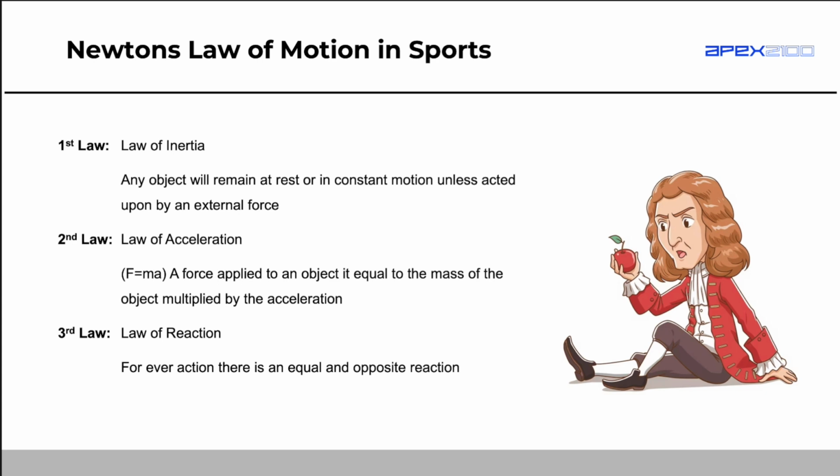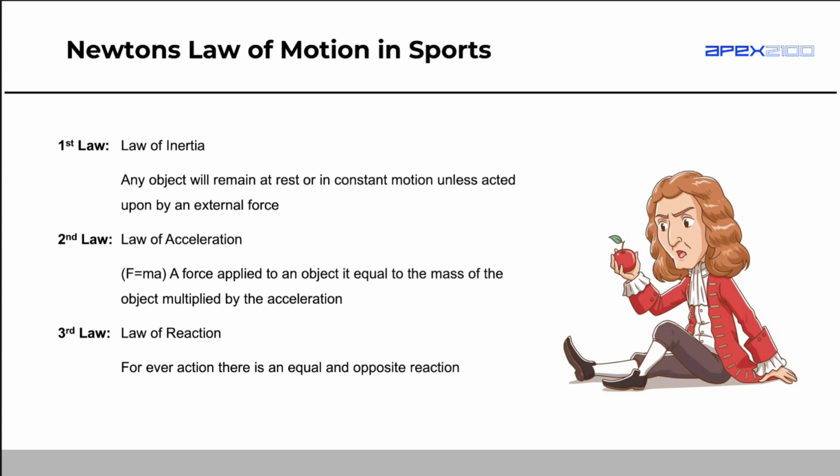So Newton's first law is the law of inertia. It states that any object will remain at rest or in constant motion unless acted upon by an external force. In simple terms, Newton's first law tells us that an object won't change its motion unless something happens and it's acted upon by some sort of a force.